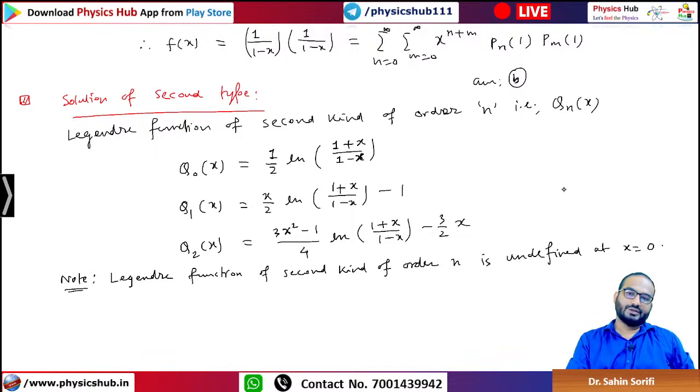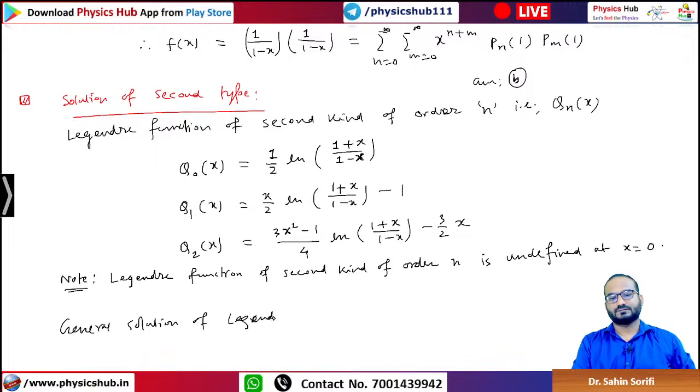And as you know, Qn of x is another solution. So the general solution we have already told you in the very beginning. General solution of Legendre differential equation will be written as y equals a times Pn of x plus b times Qn of x.